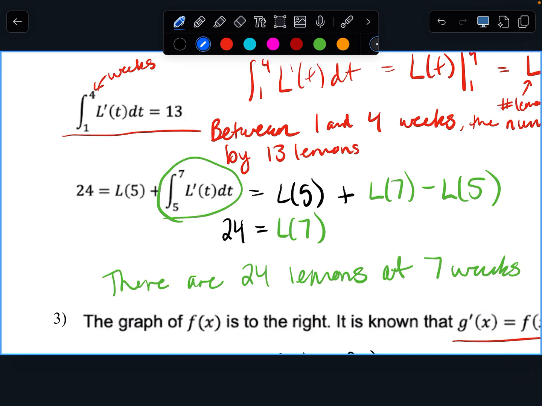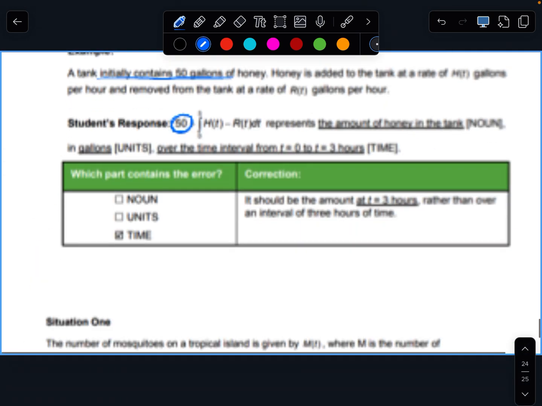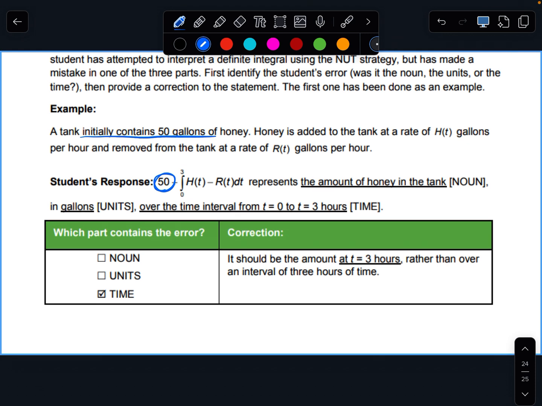So when you include that initial condition, we don't need a range of time. The part that's messed up, again, is the time. We need it straight up at 3 because we're including that initial condition.